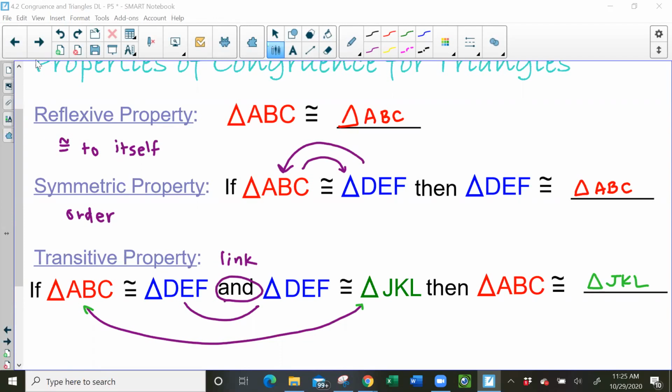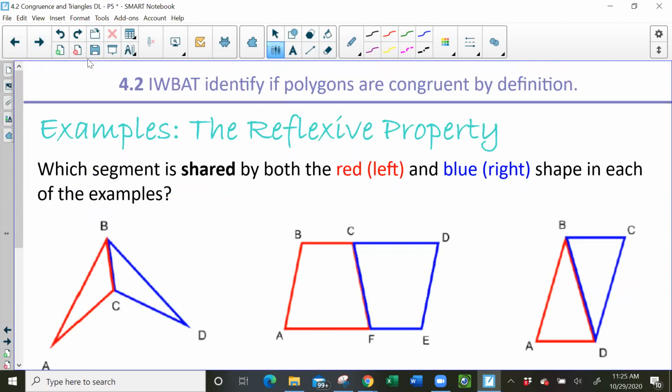All right, so let's move along. Here's an example of the reflexive property. Remember the reflexive property where it's congruent to itself. And I'm going to bring this in along with that piece of information about naming things in the correct order.